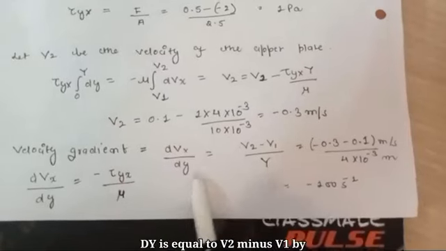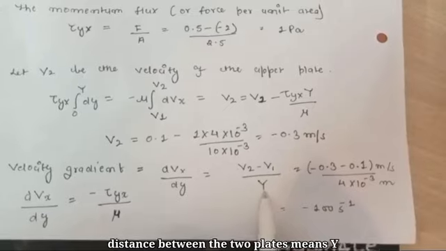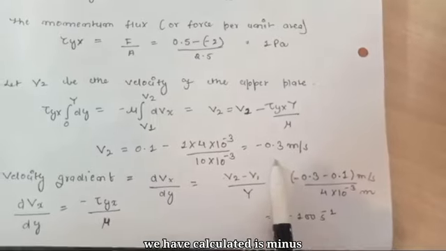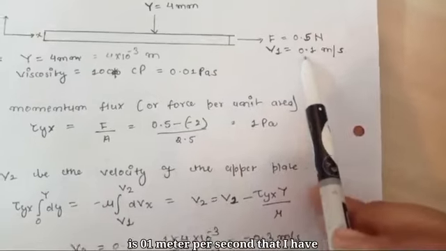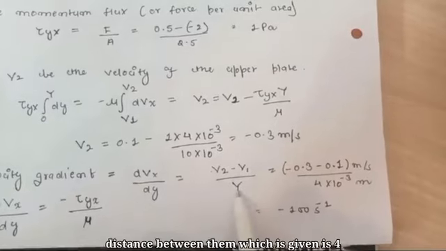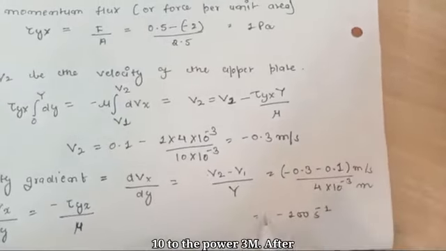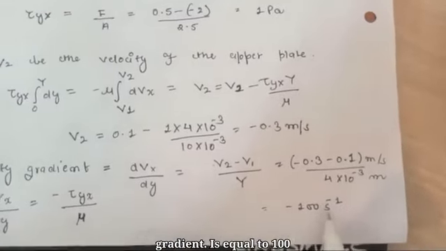So, dvx by dy is equal to v2 minus v1 by the distance between the two plates, capital Y. The v2 which we have calculated is minus 0.3, and the v1 given in the problem is 0.1 meter per second, and the distance between them is 4 mm, that is 4 into 10 to the power minus 3 meter. After calculating, I got the velocity gradient equal to minus 100 per second.